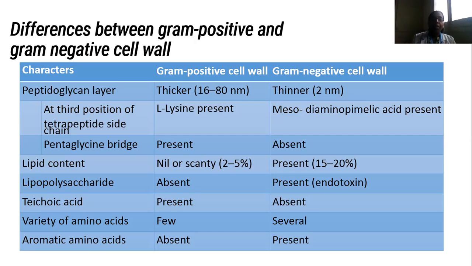And there is a variety of amino acids in the gram-negative cell wall, whereas there are very few in the gram-positive cell wall. The aromatic amino acids are all absent in the gram-positive cell wall, whereas they are present in the gram-negative cell wall.